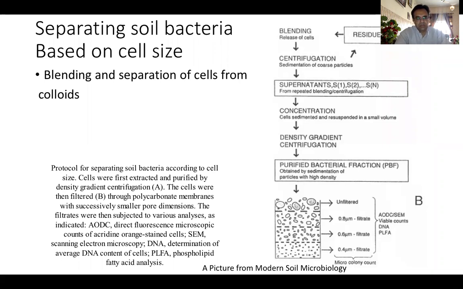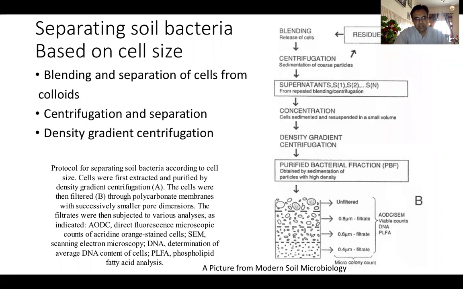This method was based on the blending and separation of cells from the soil colloids, based on centrifugation and then separation, in which supernatants are picked, and then again density gradient centrifugation, which separates the things based on their densities, followed by filtration with different pore sizes. Different pore sizes allow us to separate the different size cells.